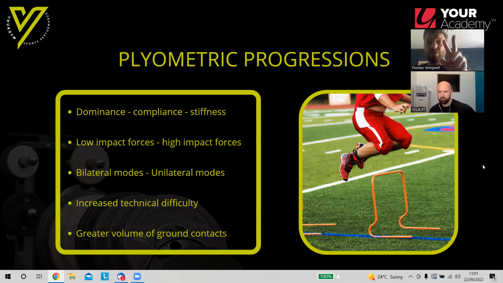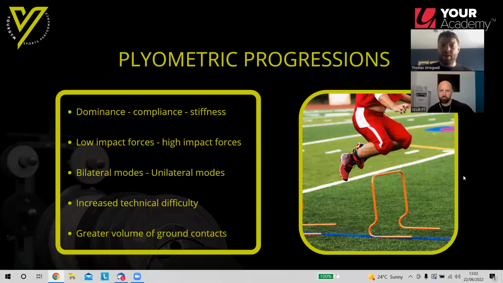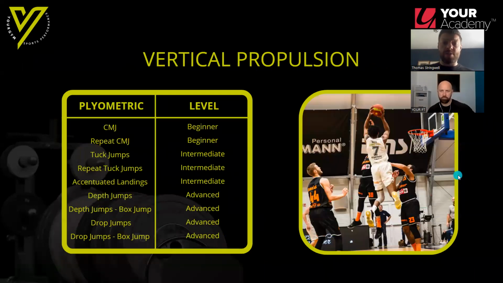Let's make sure we can land on 2 legs before we start doing single leg. We need to increase the difficulty bit by bit. And then we need to look at increasing the volume of how many ground contacts we do. When you look at what the research tells us with plyometric training, there's an optimal amount of ground contacts that we can do for power output, but that depends on the athlete. So we'll cover that more in a minute.